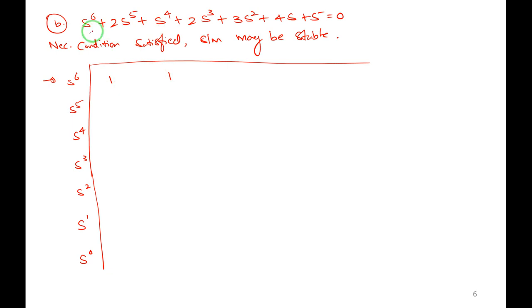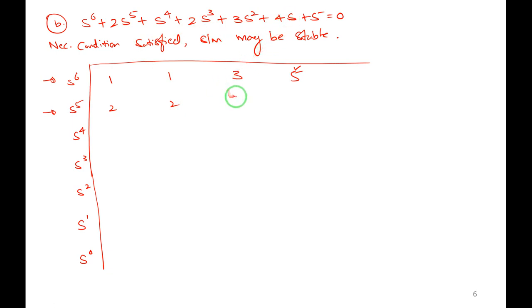Let me check whether I've taken the question correctly. Yes, it's correct. So 1, 1, next 3, 5. Since 5 is the constant term, let me mark it. Then in the second row, the even term coefficients are 2, 2, 2, 2.